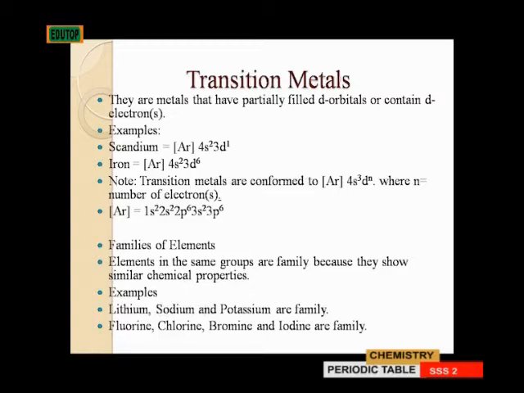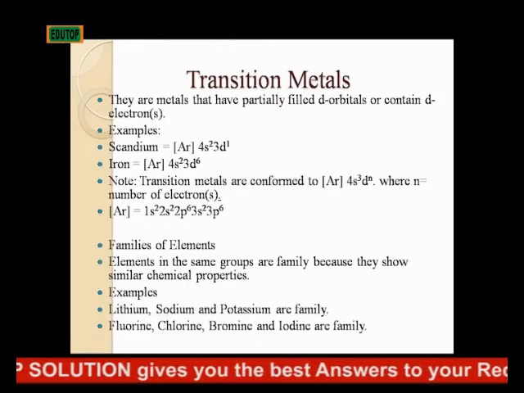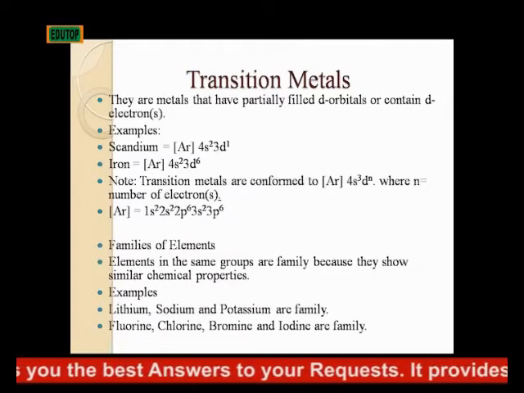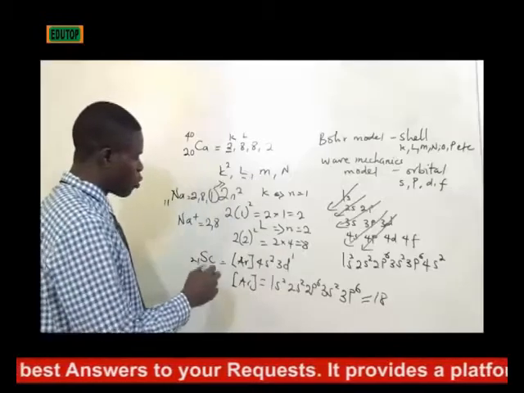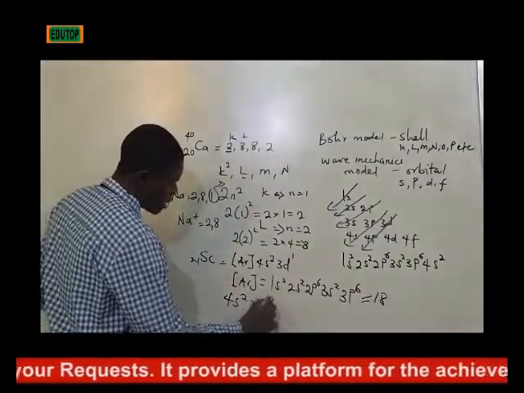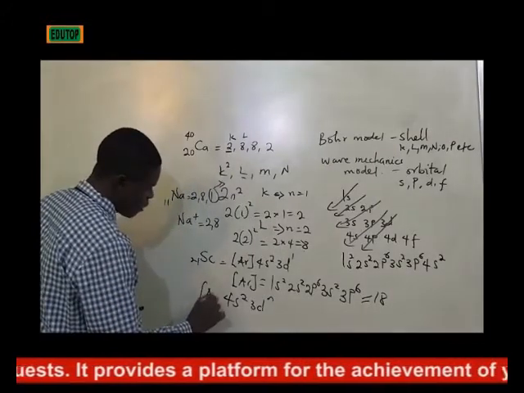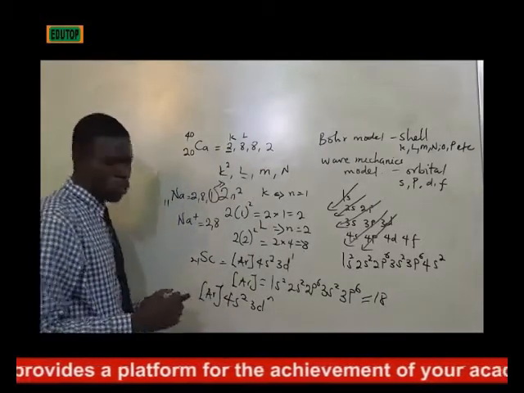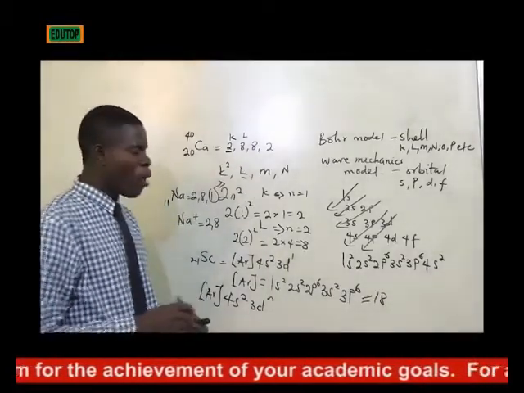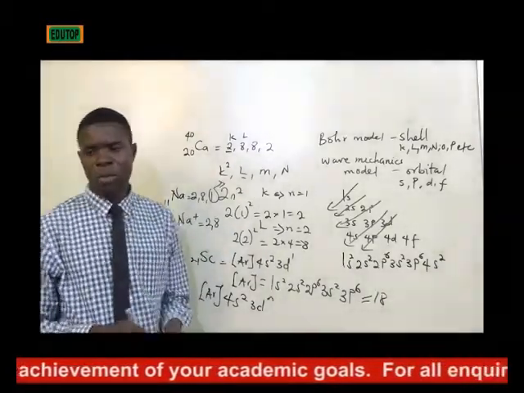Transition metals conform to argon core, 4s2, 3dn. That means you have your argon core, then 4s2 3dn, where n is the number of electrons.